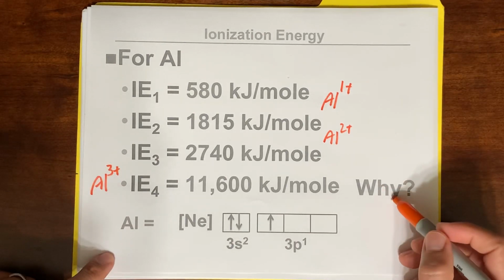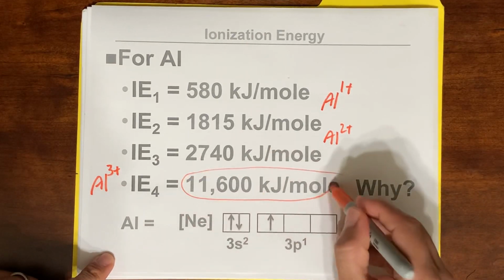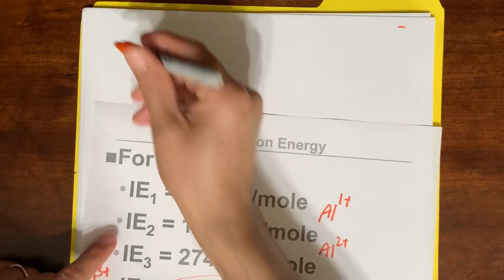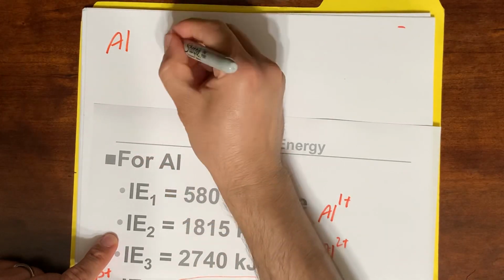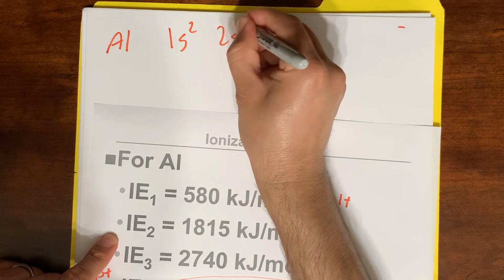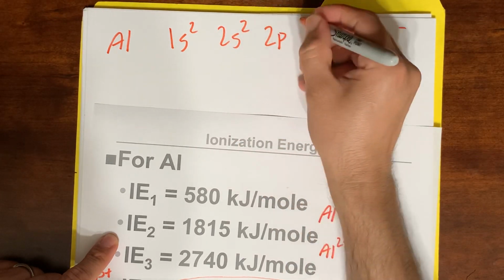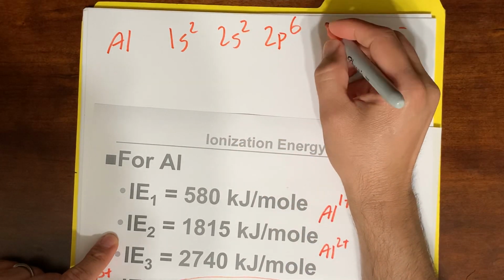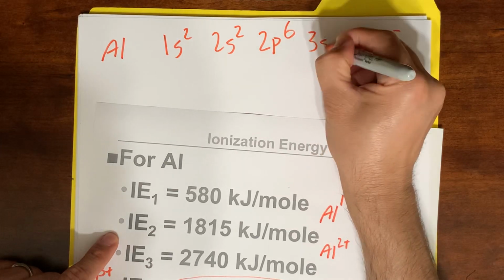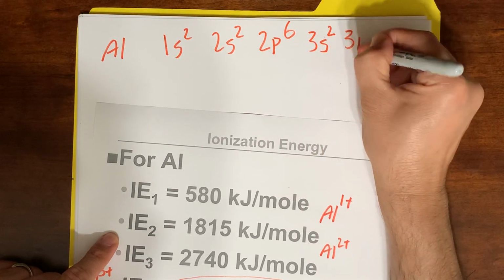So why is this one a huge number? Because aluminum is 1s2, 2s2, 2p6, 3s2, and 3p1.